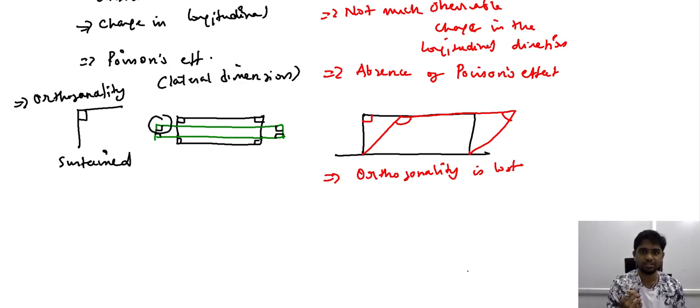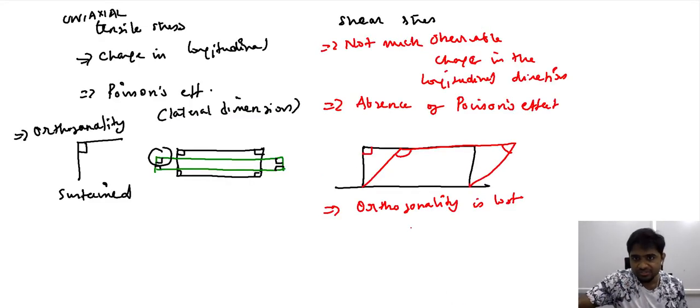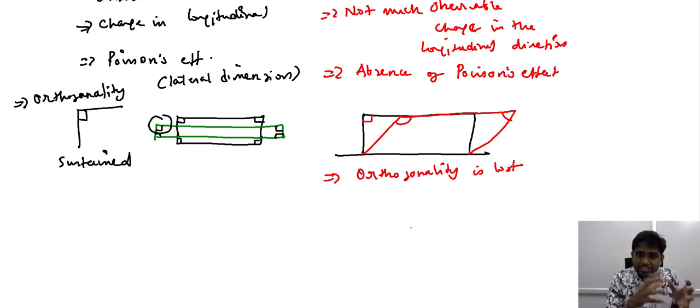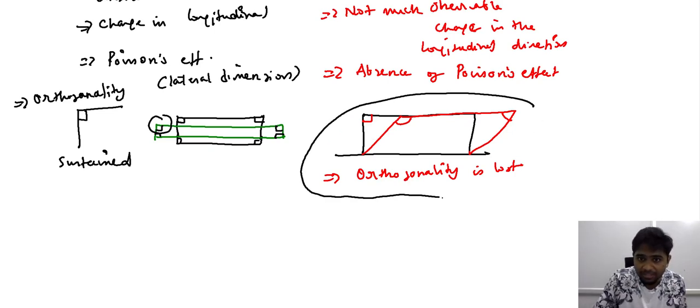We were able to describe the response offered by the materials along this particular direction. However, since in case of shear stress and shear load we don't have any perceivable change in the dimension along the longitudinal direction and also along the lateral direction, what would be the efficient way of describing the strain offered by the material? The efficient way should be based on the characteristic response offered by the material.